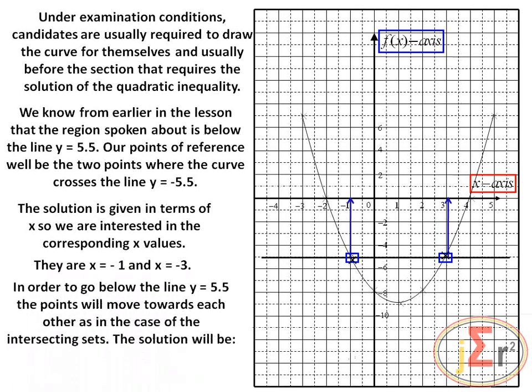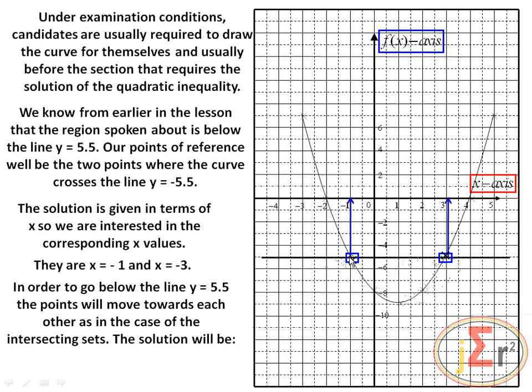In order to go below the line y is equal to negative 5.5, the points will move towards each other as in the case of the intersecting sets. Now we are talking about these 2 points, and we are talking about the points on the curve that are below the line. So if we go below, we are going in this direction. On the x-axis, we are going in that direction.